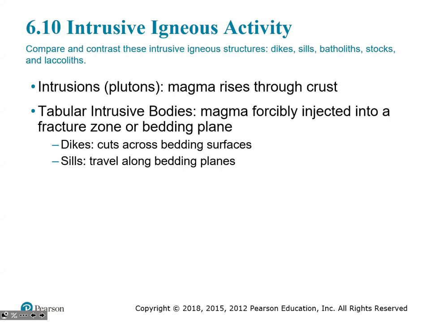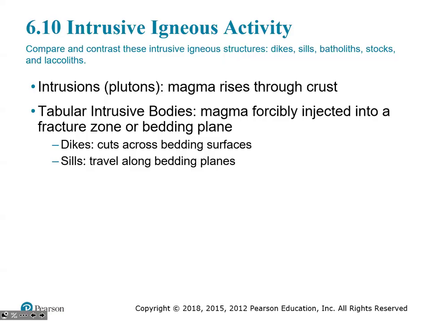If it's a fracture zone, like a fault or a joint, you get dikes, like we saw in that video from Shiprock. These cut across bedding surfaces, they're more or less vertical.